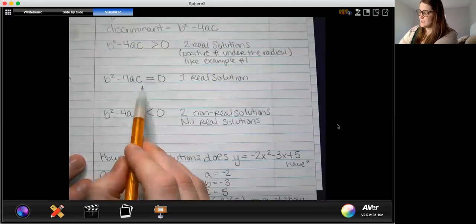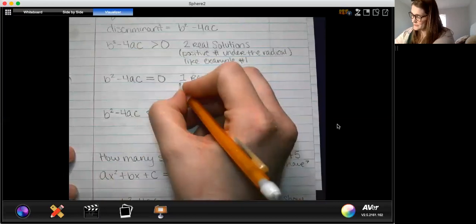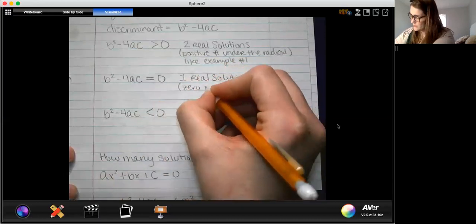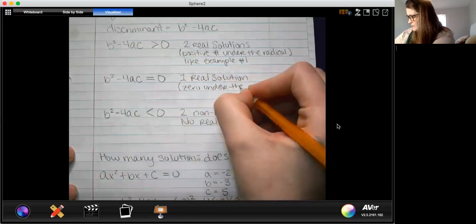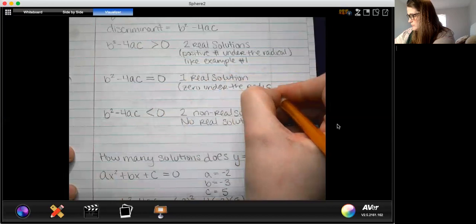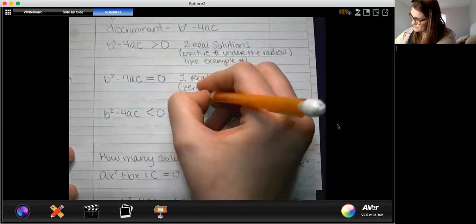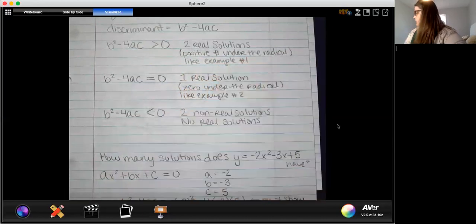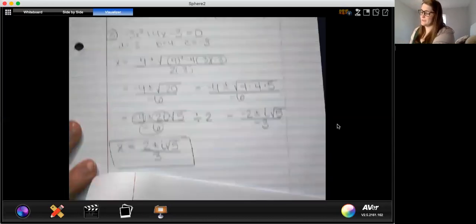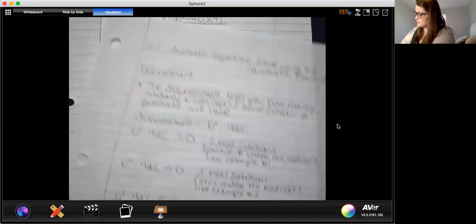Then we have equal to 0. So equal to 0 is when you have a 0 under the radical and you only have one real solution, which was like example 2. Okay, like example 2, it was equal to 0, so therefore we had one real solution.